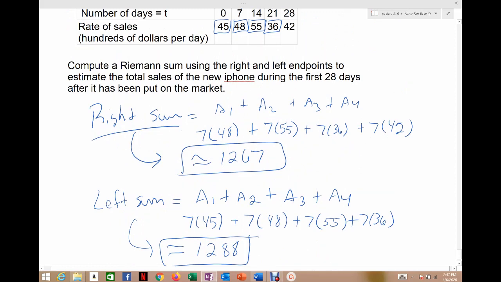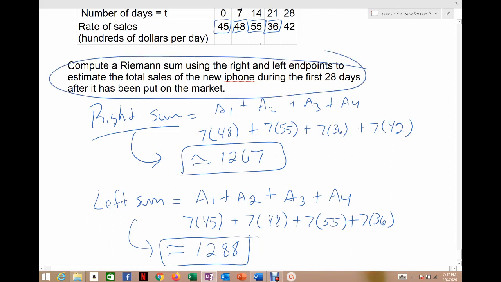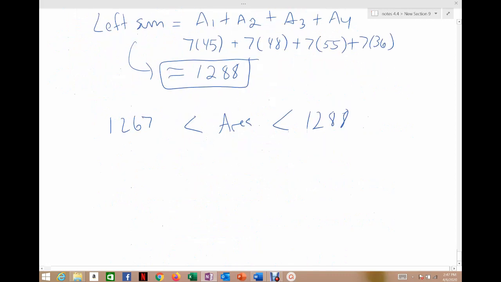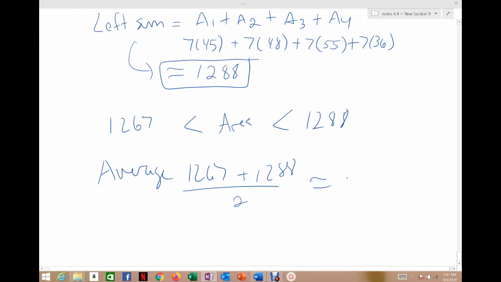So what I'll probably do is, to estimate it, I'll average these out. So I'll average them and use that as my estimate, keeping in mind it's in $100 per day. So my answer is actually in $100 per day. All right, so I'm going to average these two out. So I'm going to take my 1267, add to my 1288, divide by 2 to get an estimation of the two.